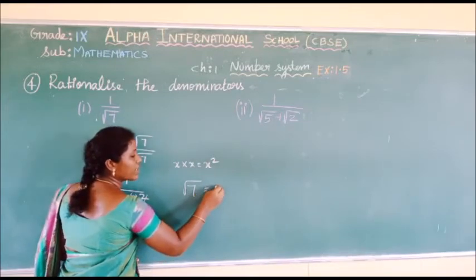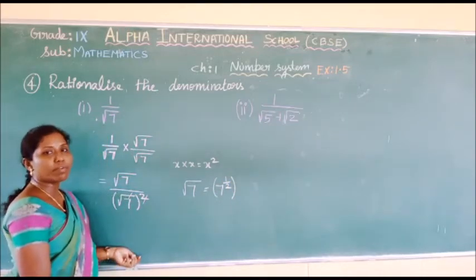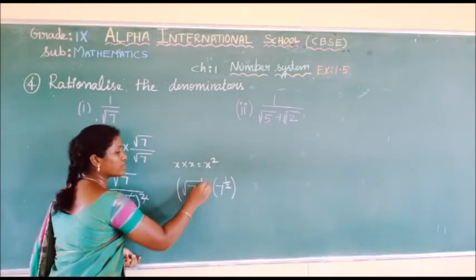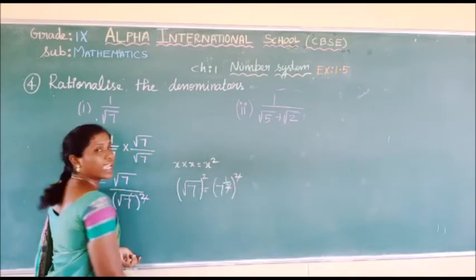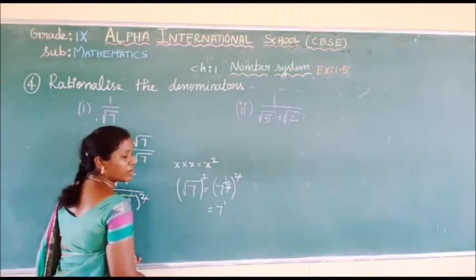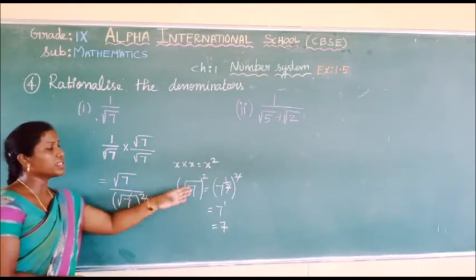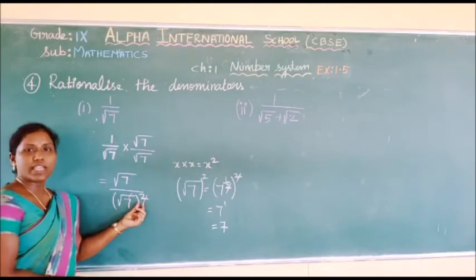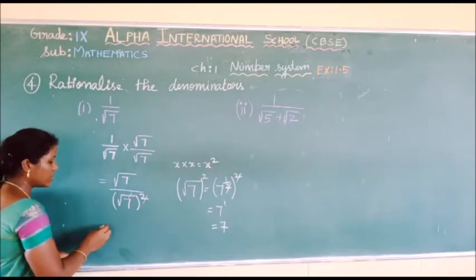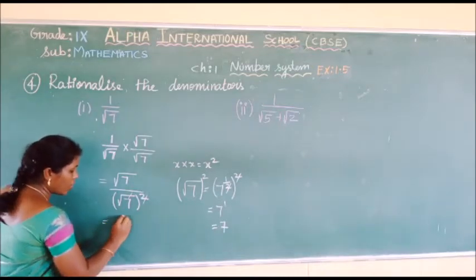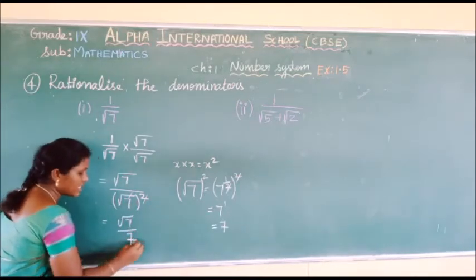The square root will get cancelled. The remaining is only 7.